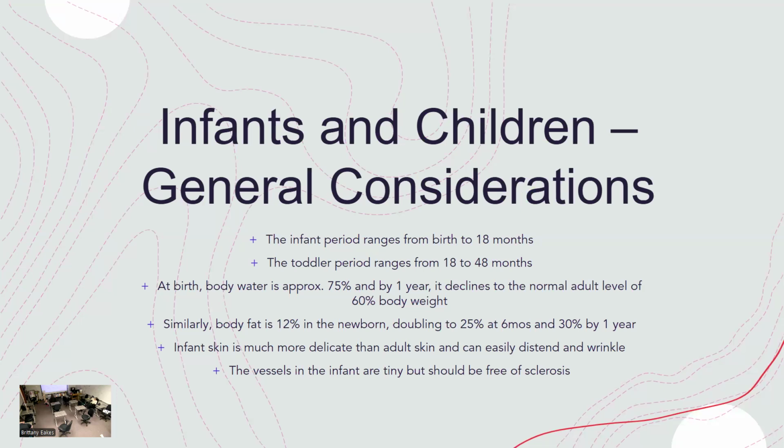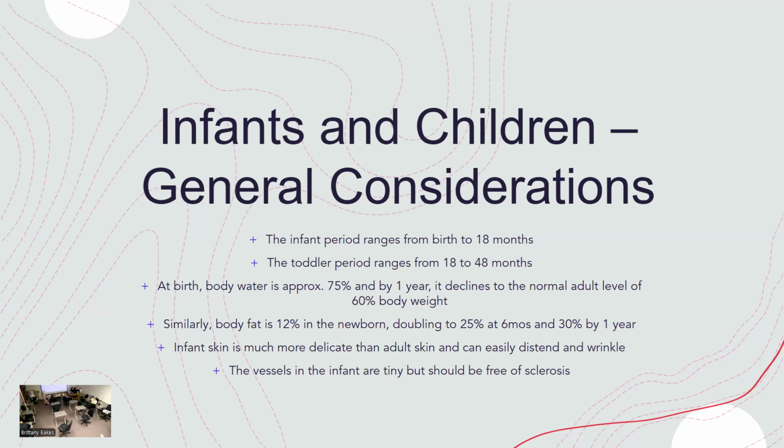Infant skin is much more delicate than adult skin, so it can easily distend and wrinkle from the injection of arterial fluid. The vessels are typically small, but should be free of sclerosis. Most infants are autopsied, but infants that die from birth defects or systemic diseases that were documented before would not need to be autopsied.